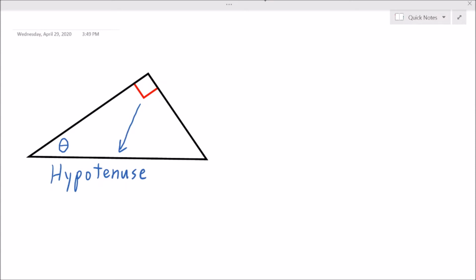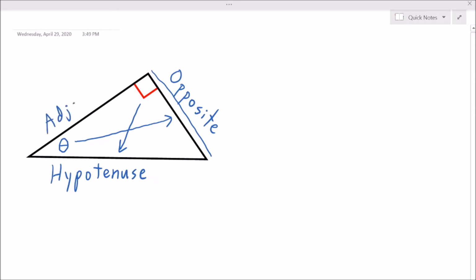So the side that is across from the angle we're working with and not touching the angle we're working with, so across this side right here, we call that the opposite side. And then the remaining side that's not the hypotenuse, not opposite from theta, we call the adjacent side.